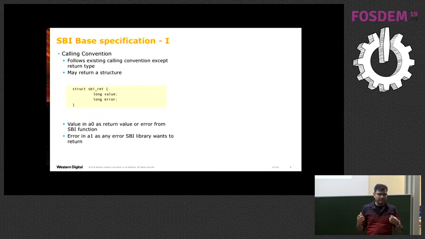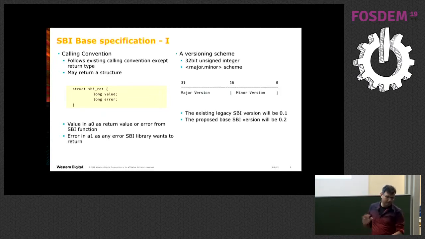Those are two different things, and this is the way to distinguish them, and that's where the RISC-V ISA came in as a help, because the ABI defines that we can have 2 registers as a return value. Other than that, the existing calling convention, which is documented on GitHub, stands correct for the updated proposal as well.